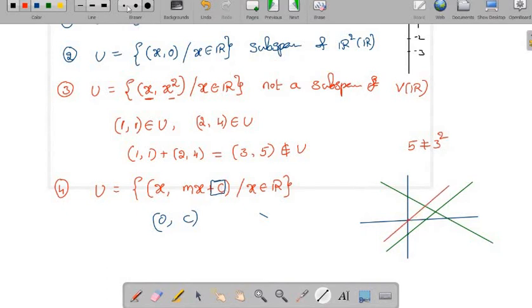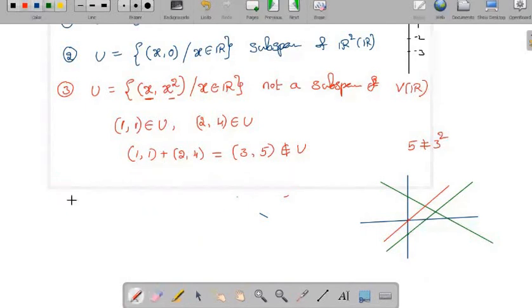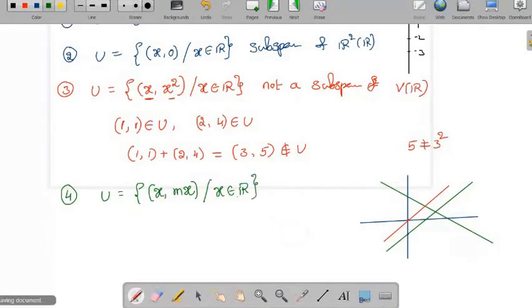So now we can take this example, but with a small modification. The modification is, U equal to the set of all (x, mx) such that x belongs to real numbers, where m is a fixed quantity.